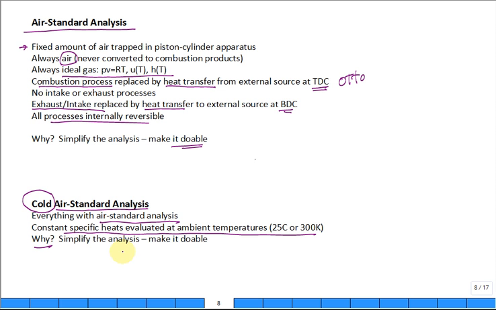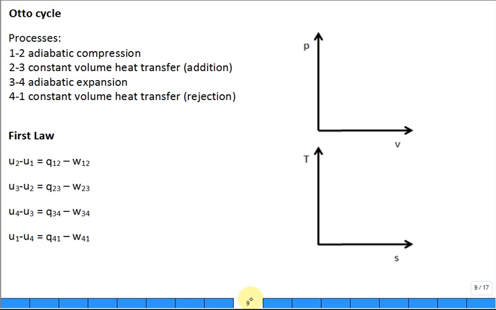Well, it makes it even more doable, and you can glean some insights. When we analyze the Otto cycle, we can get an analytic expression that says the thermal efficiency of the Otto cycle is 1 minus 1 over the compression ratio to the k minus 1 power. Very simple result.